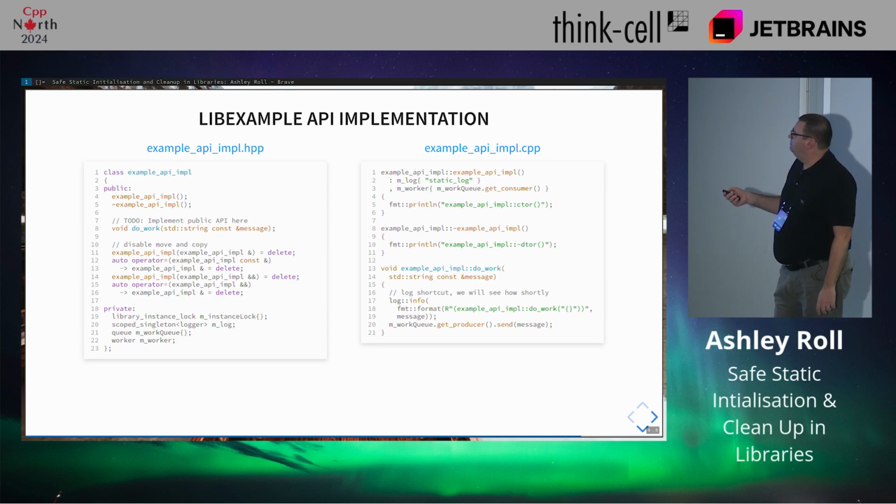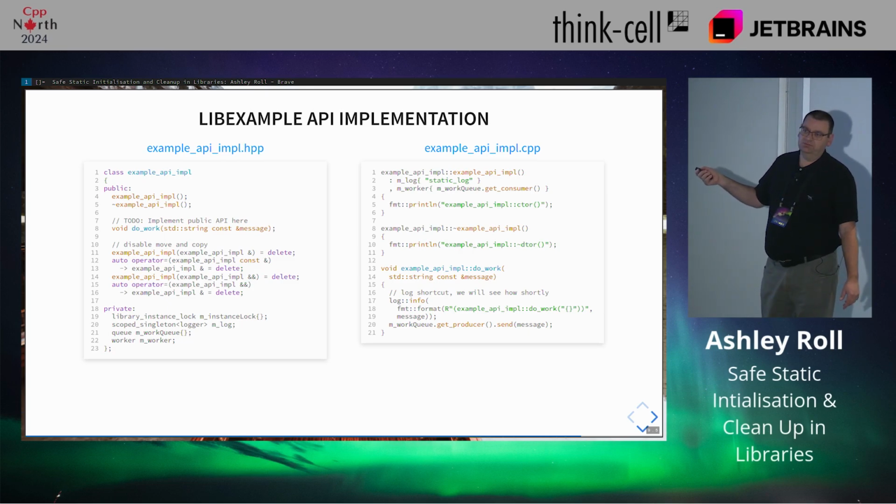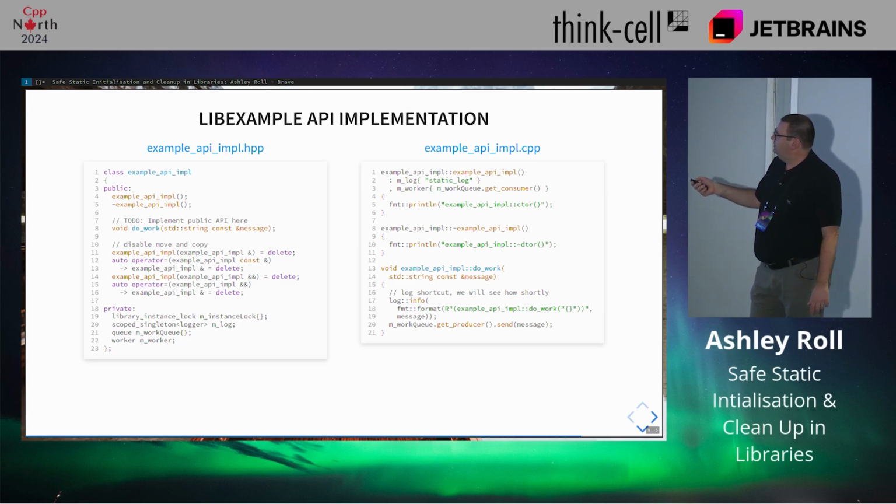Again, we can pass stuff between members in member initialization. We construct the queue, we give the worker access to the consumer for the queue so it can do its job. Pretty standard stuff. The log here just forwards on any stuff to the implementation of this T, which happens to be our logger, which we'll see in a second.